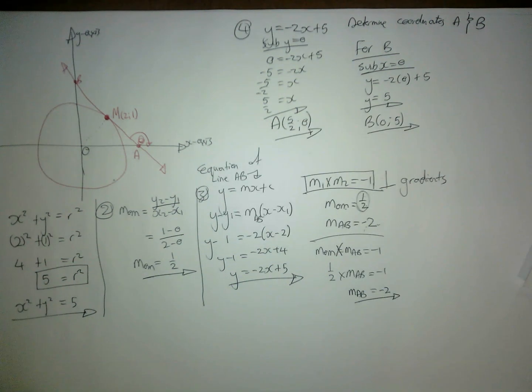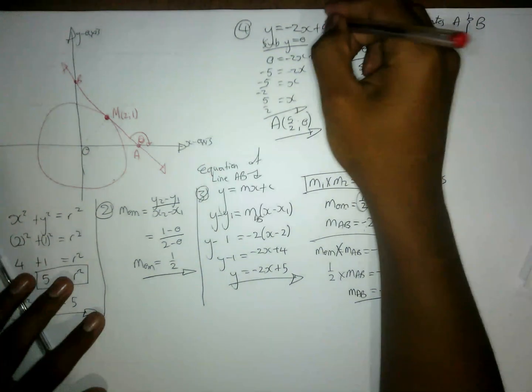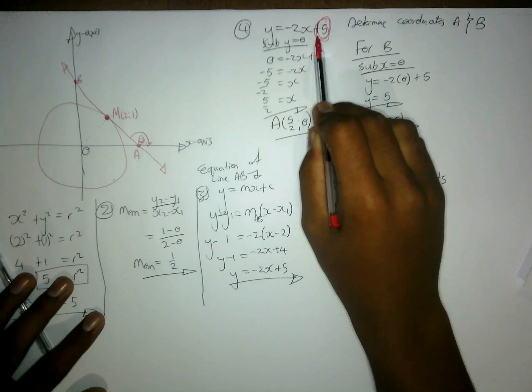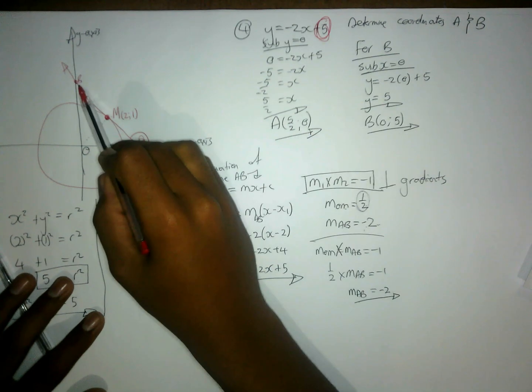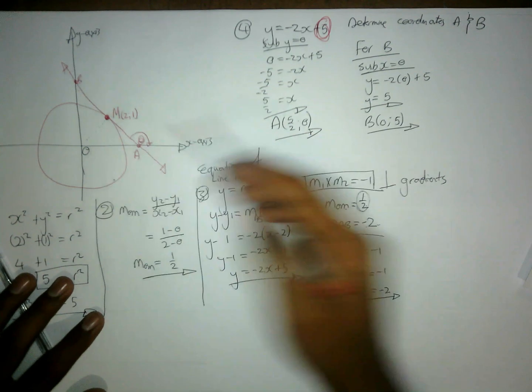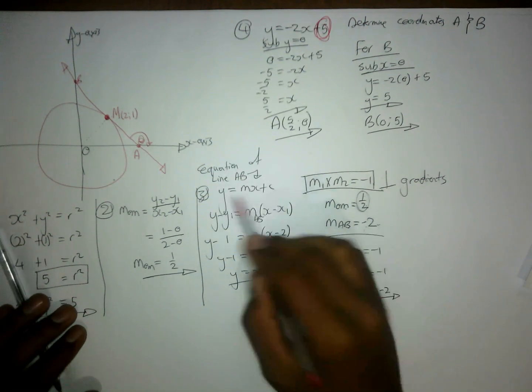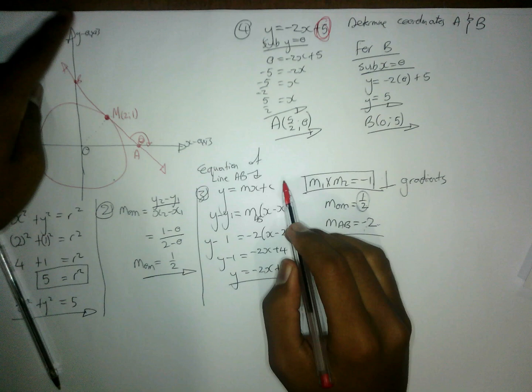Correct. Lovely stuff. Another way for you to see it is that this is a 5 over here, a positive 5 also, and it's on the y-axis. So the c value, in y equals mx plus c, is normally on the y-axis.